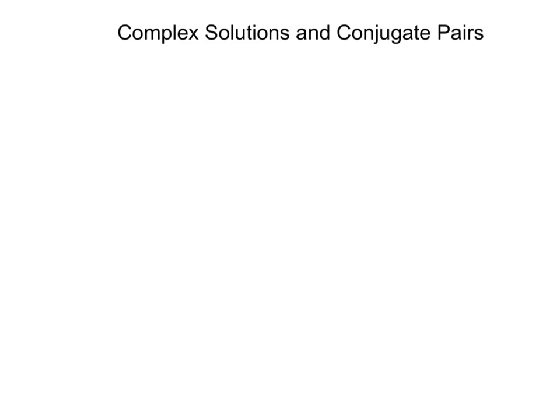So if we're going to have complex solutions or complex zeros, it's important to know what they look like. So if we have any complex number, the form that it is always in is a plus bi, where bi is the imaginary part of that complex number. And if I have a complex solution to a polynomial, they always occur in conjugate pairs.